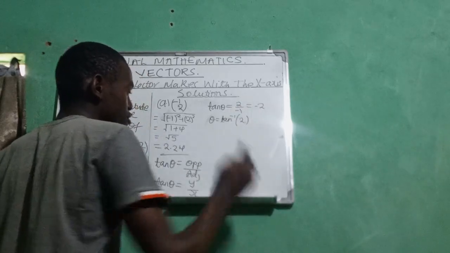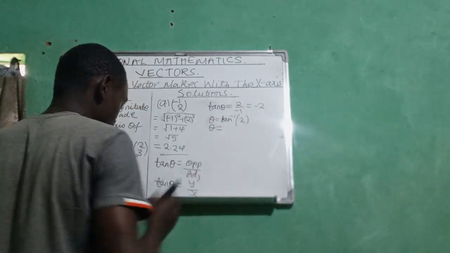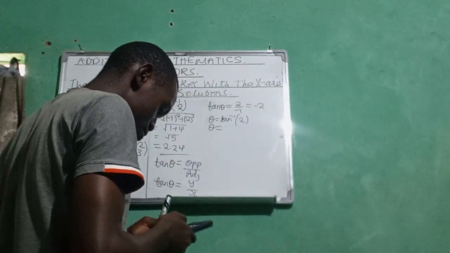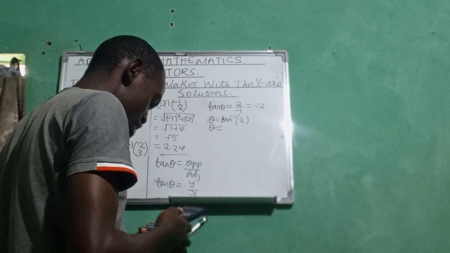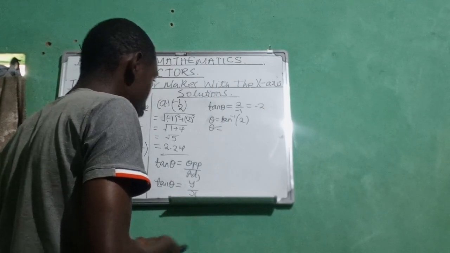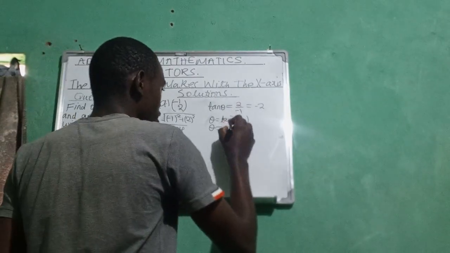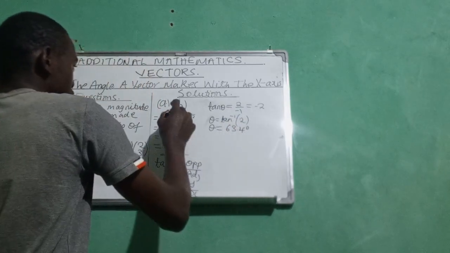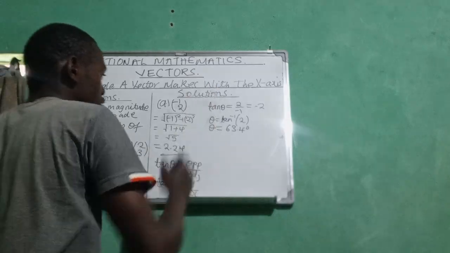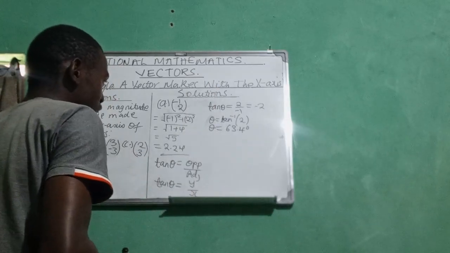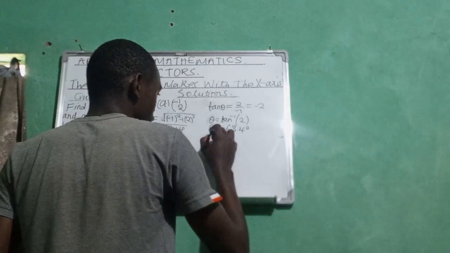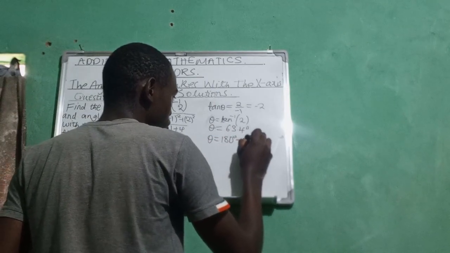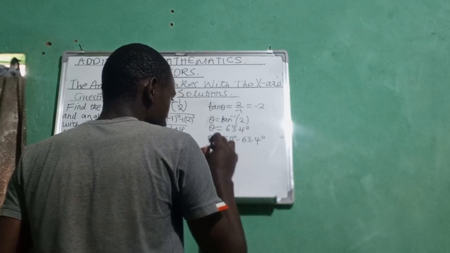When I'm taking the tan inverse, we ignore the negative. So tan inverse of 2 gives us 63.4 degrees. And since I graphed this one, it is in the second quadrant. It means our answer should be theta equal to 180 degrees minus 63.4 degrees.